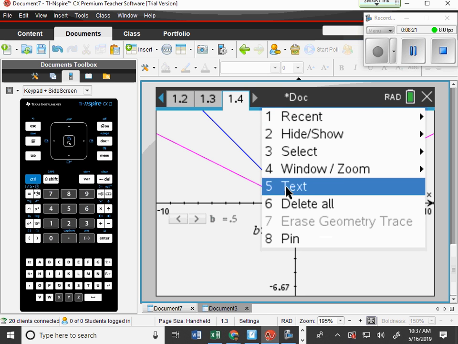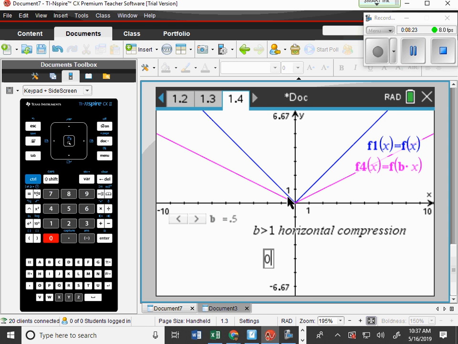So when b is between 0 and 1, you're going to have a horizontal stretch, like someone's pulling it from the sides, which looks just like a vertical compression. I know it's confusing.